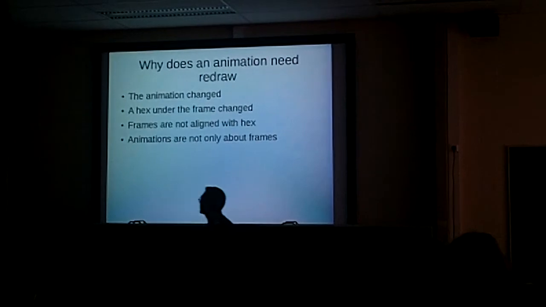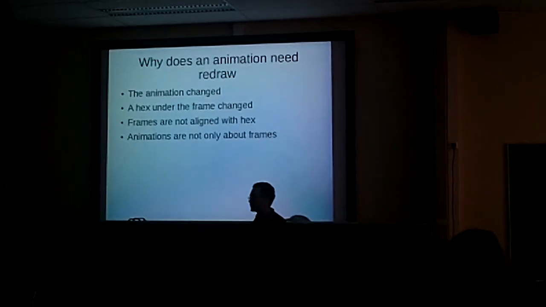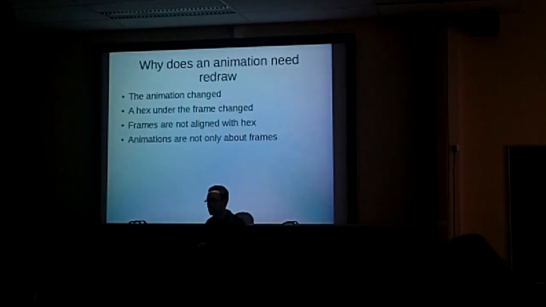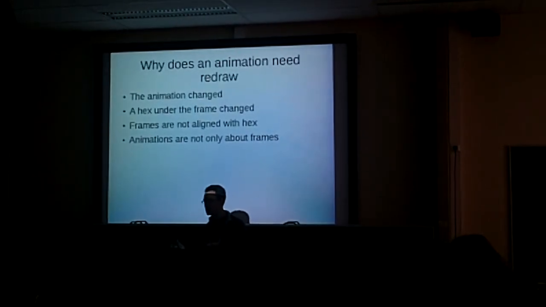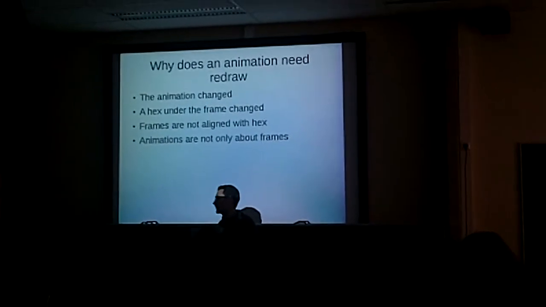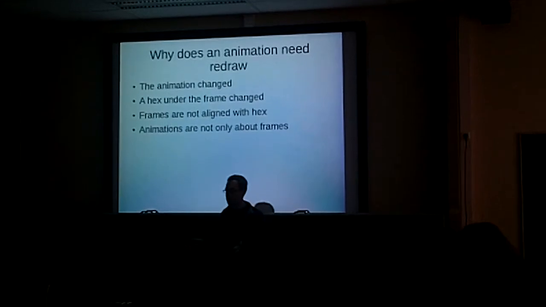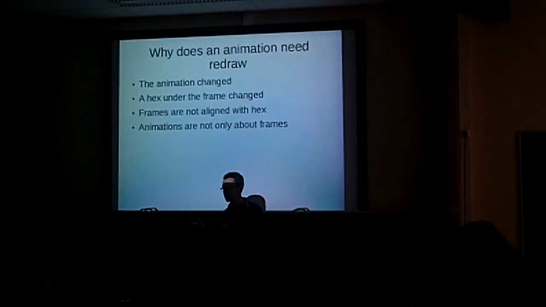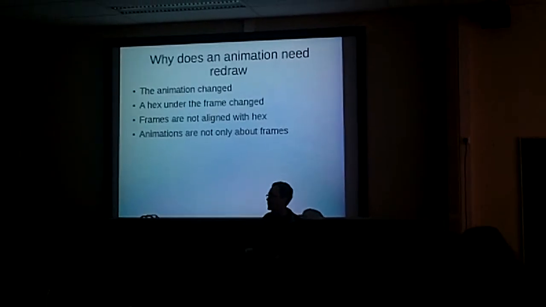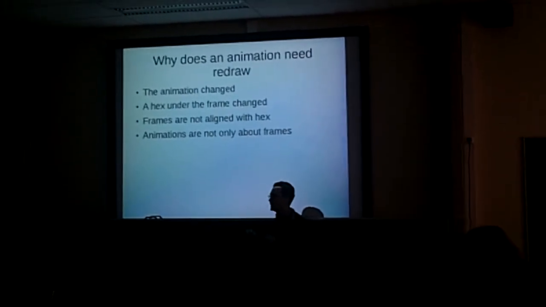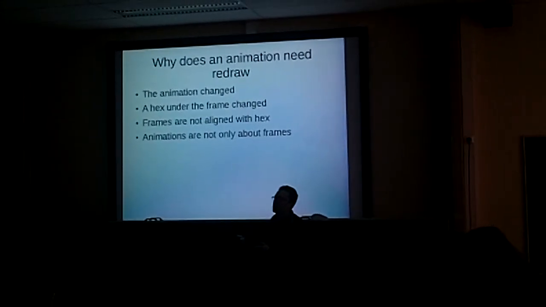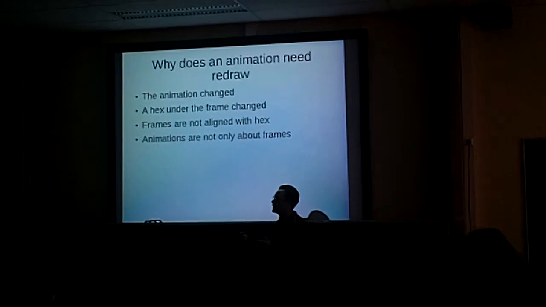So, when do we need to redraw? The first case is the unit moved, or some idle animation, anything where the frame changed. The frame changed, we need to redraw the frame. And so we need to redraw the hex under the frame, and multiple hexes if it's a large frame or if it's not centered. But since we can only draw and we cannot erase, if for any reason the hex under the frame changes, we also need to redraw the image because we've been erased.